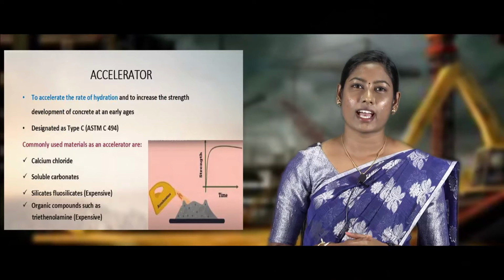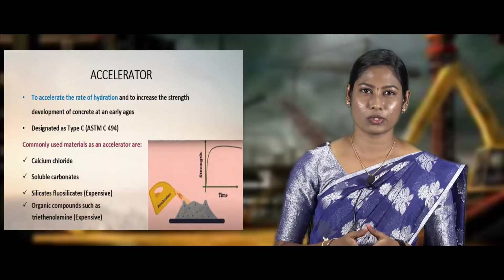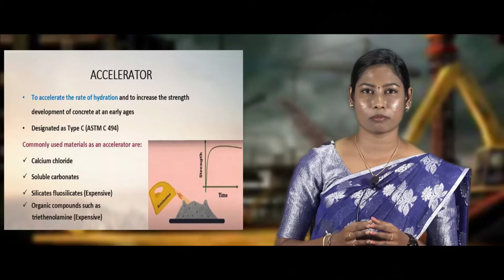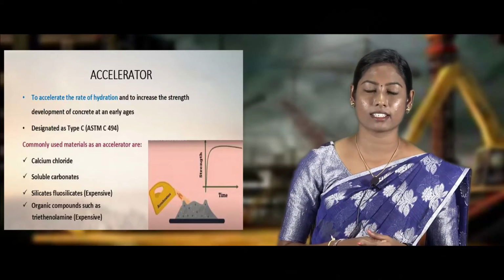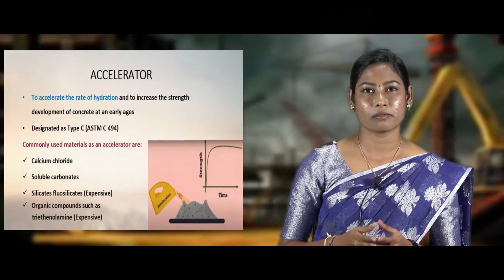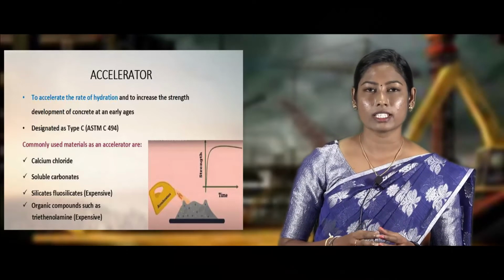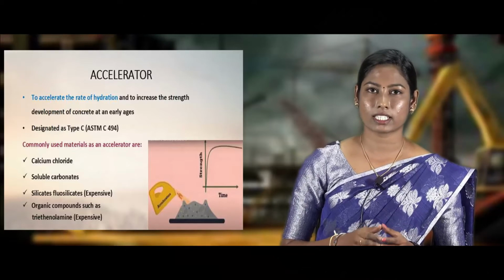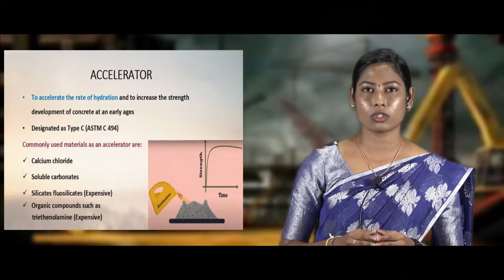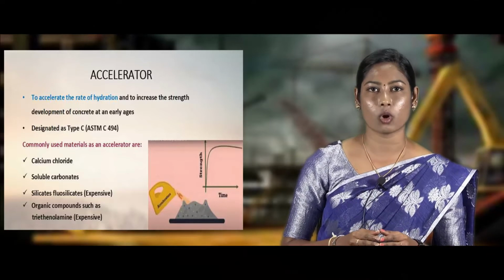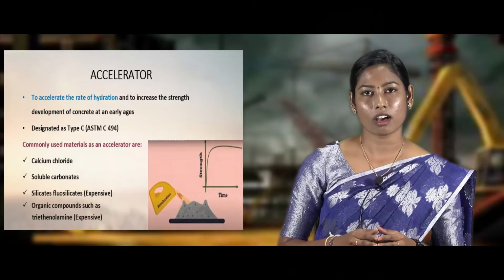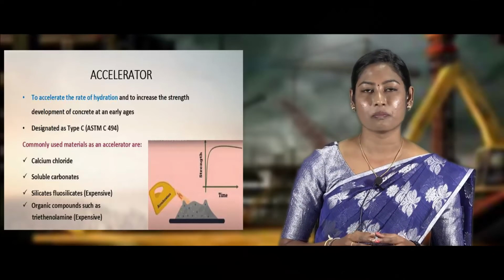Let's see accelerator. Accelerating admixtures are used to accelerate the rate of hydration and strength development of concrete at early ages. The strength development of concrete can be accelerated by various methods, such as using type 3 or high early strength cement, lowering the water cement ratio, adding 60 to 120 kg per meter cube of additional cement to the concrete, using water reducers, or curing at high temperatures.